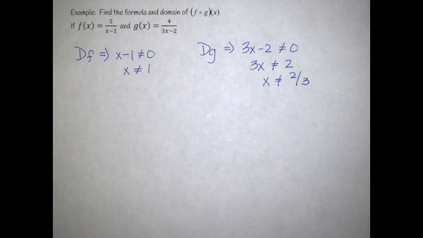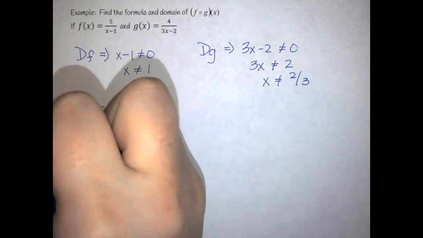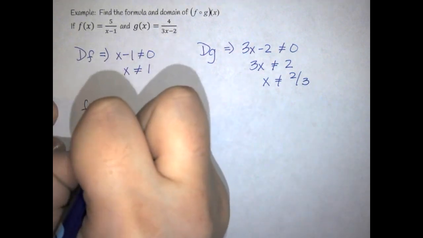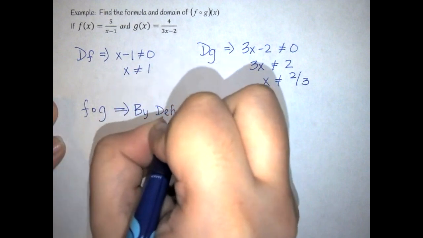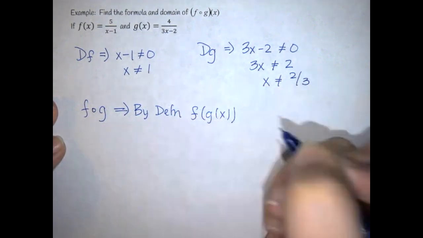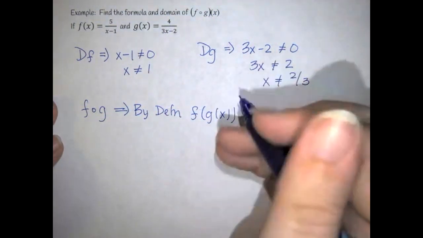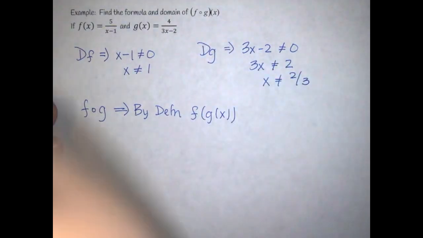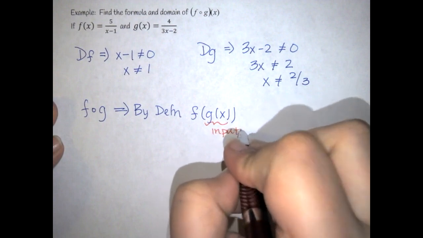Once you found your two domains, now we need to look at what is the composition we're doing. So here we are going to do f of g, which again, by definition, says we're doing f of g of x. And therefore, that means that my g of x here, this one right here, is my input term.